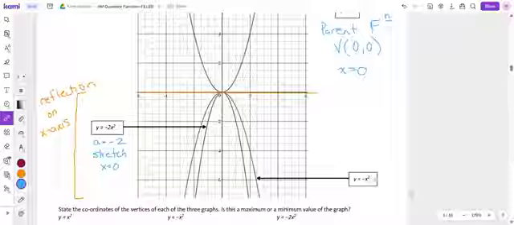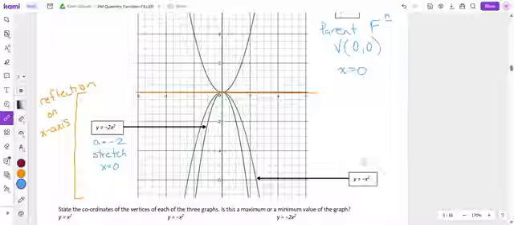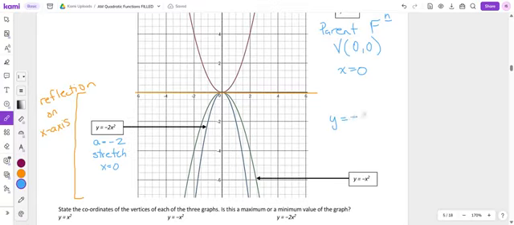And then if I have y equals -x squared, it's just the parent function flipped over. I would like you to add a sketch of y equals -0.01 x squared. So that's like 1 over 100.